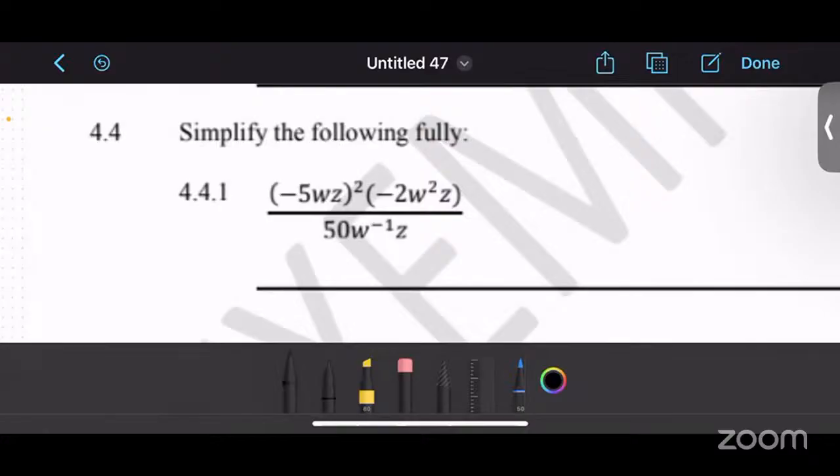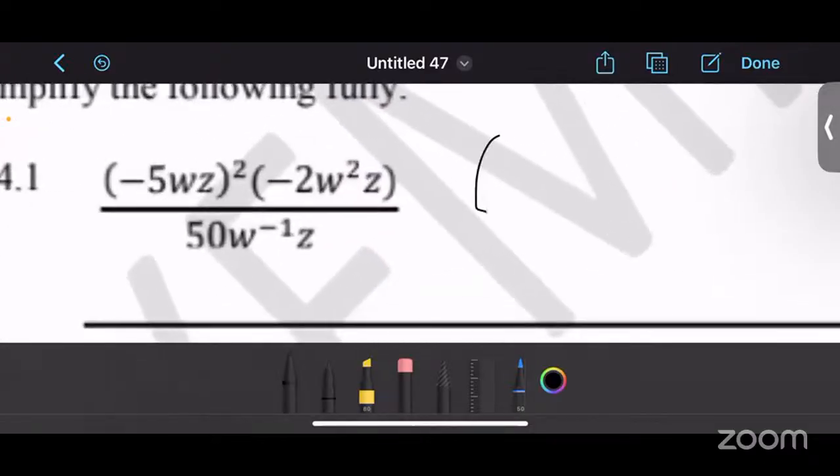Since there's exponent 2, ma'am, outside the brackets, we need to. So, ma'am, I'm going to say -5 to the power of 2, and then W 1 times 2. I'm basically showing how I put the 2 into the bracket, ma'am. Are you saying -5 to the power of 2 and then W 1 times 2, and then Z 1 times 2?